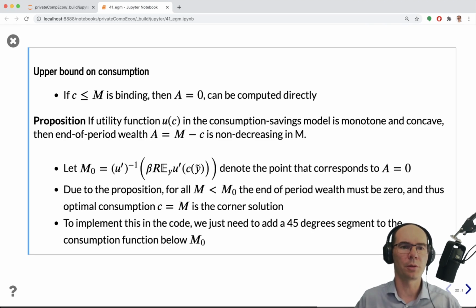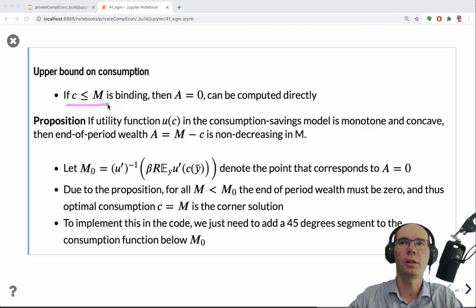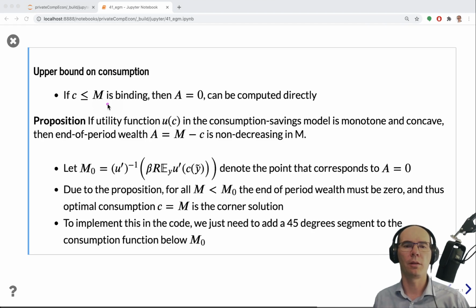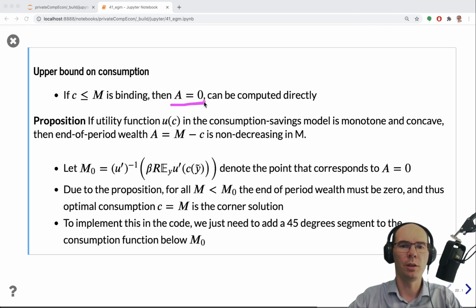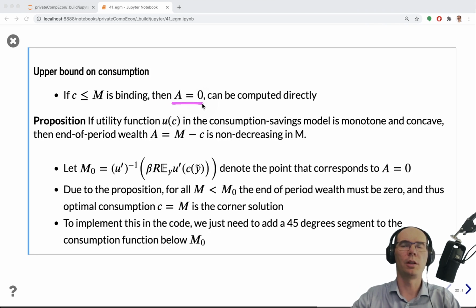So for the upper bound on consumption, the point where C is exactly equal to M and the upper bound is binding, we know that A must be 0, right? So if we are consuming everything and the upper bound is binding on the consumption, that means that we are saving 0.